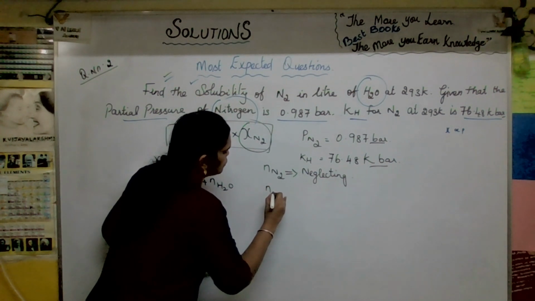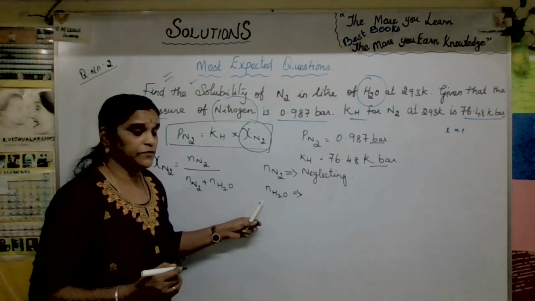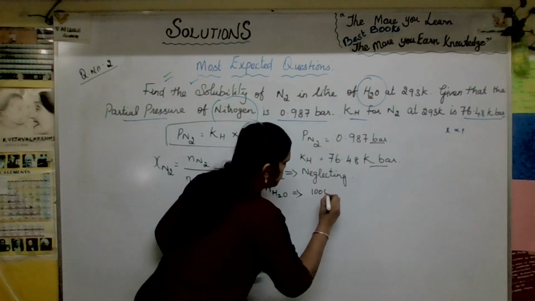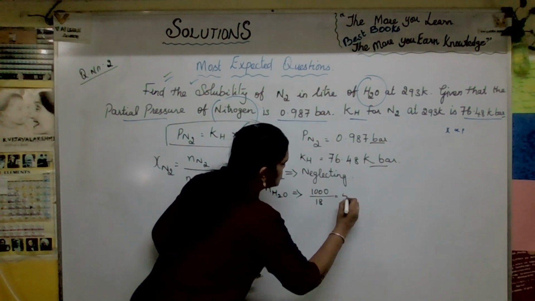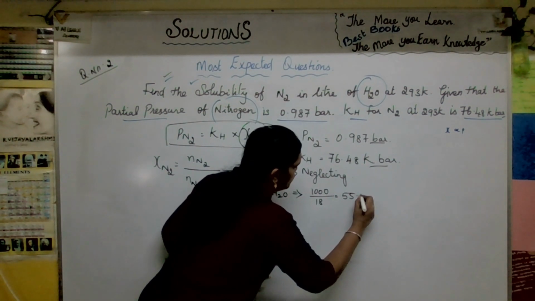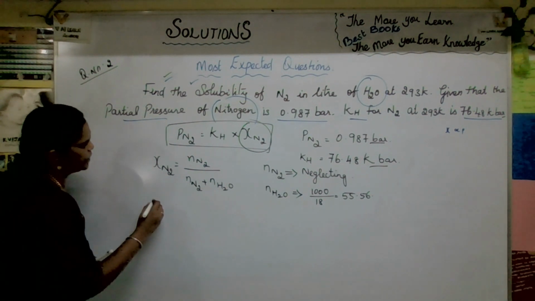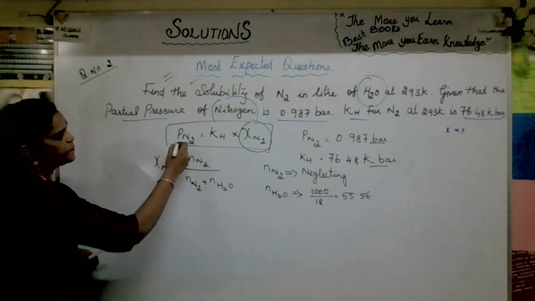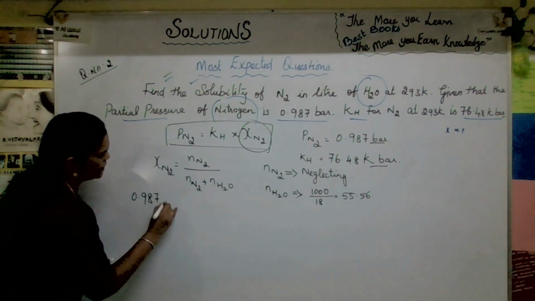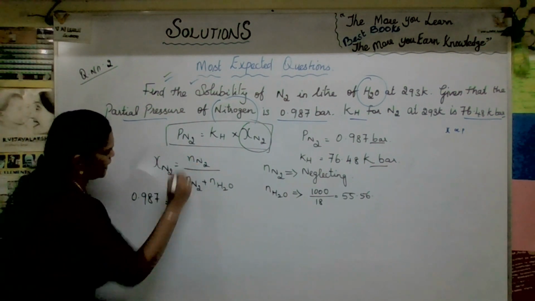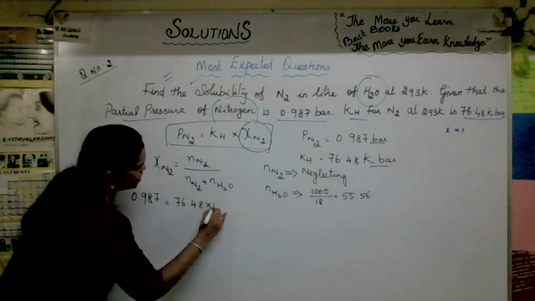Now, the number of moles of water is given mass divided by molecular mass. Given mass is 1000, divided by the molecular mass of water, 18, which is 55.56 moles. We can apply this value here. The partial pressure of nitrogen, 0.987, equals the KH value, 76.48 into 10 to the power of 3.